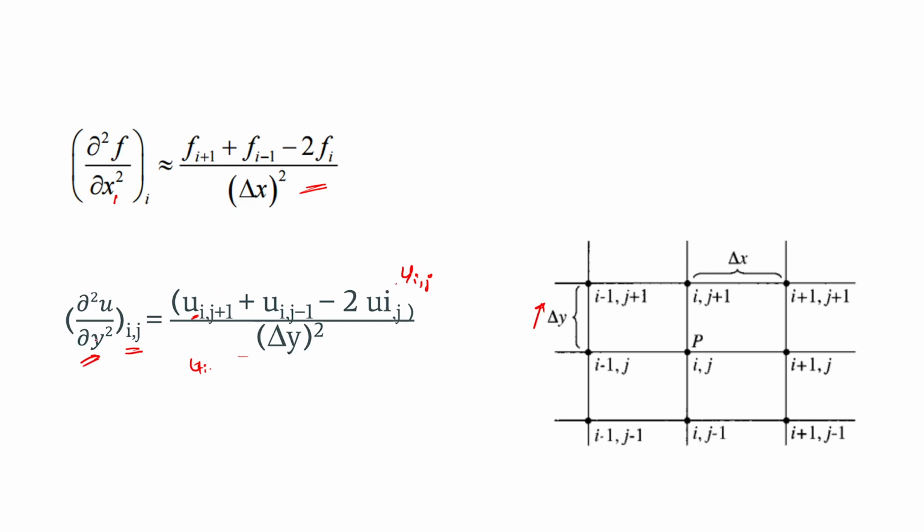What we have to find is dou y square, so it will be delta y square. Such an option was not available in our list, so our answer is option D, that is none of them.